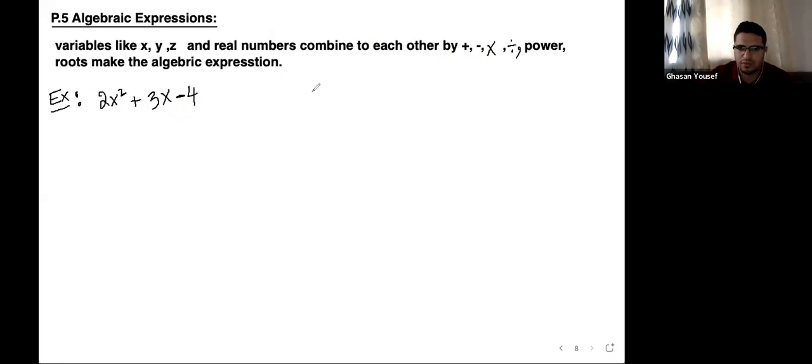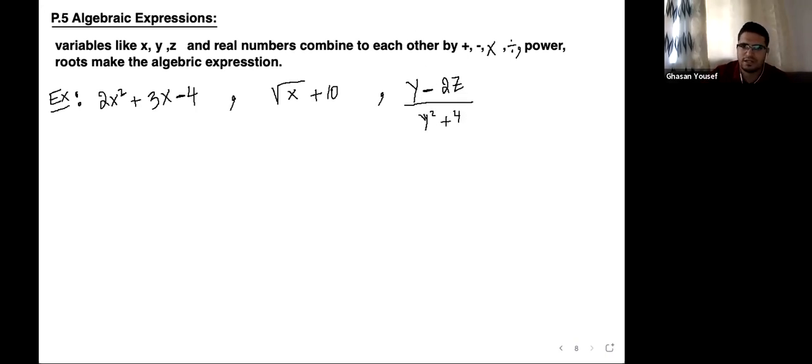Another example for algebraic expression: the square root of x plus 10. This is an algebraic expression because we have the root of the variable x plus the operation plus the number 10. Another one is y minus 2z over y squared plus 4.